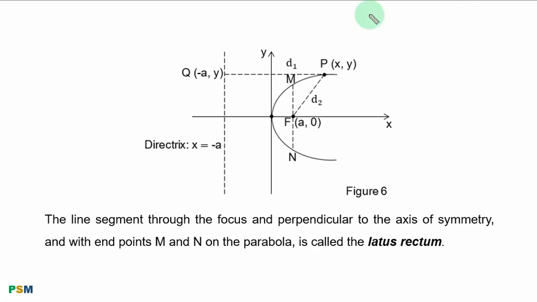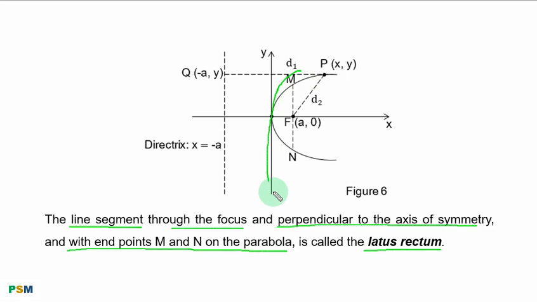Considering figure 6, the line segment through the focus and perpendicular to the axis of symmetry and with end points M and N on the parabola is called the latus rectum. This is the line we are trying to describe. It has a special name.